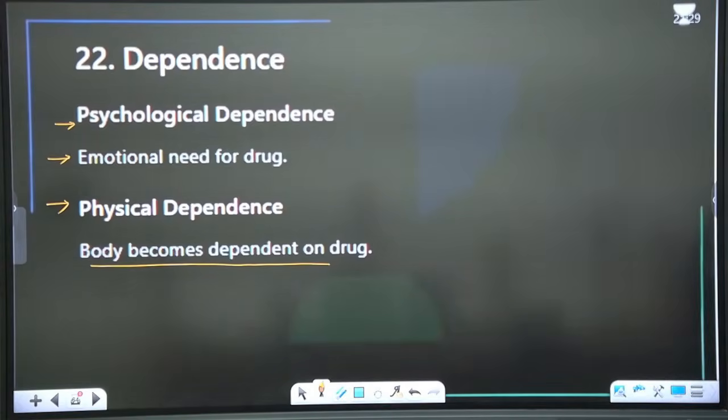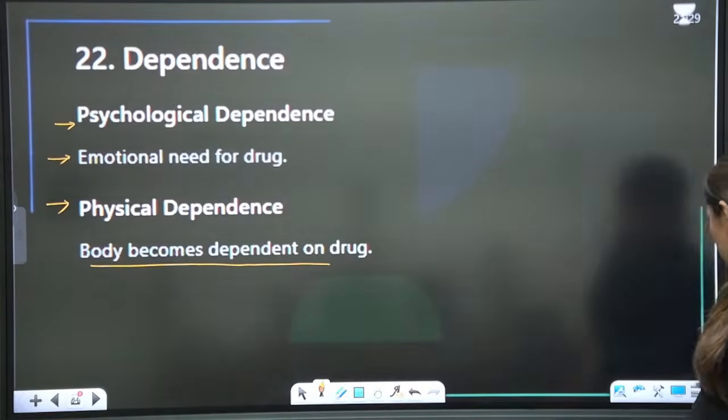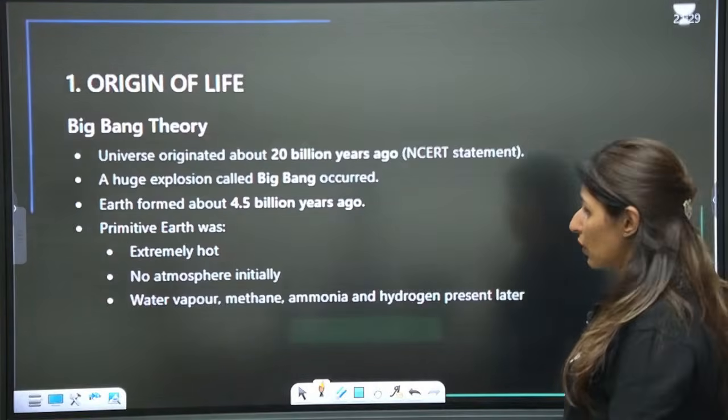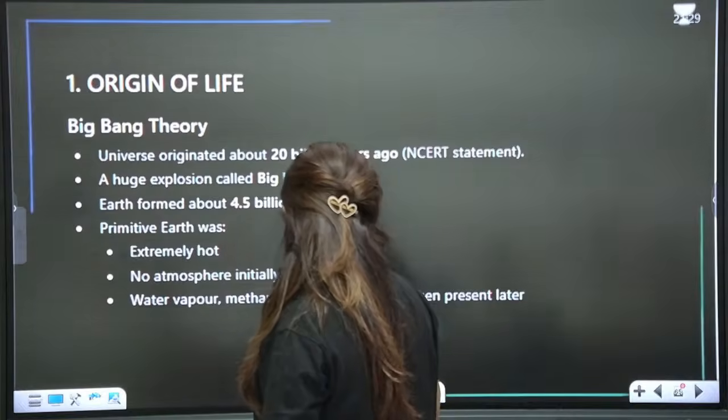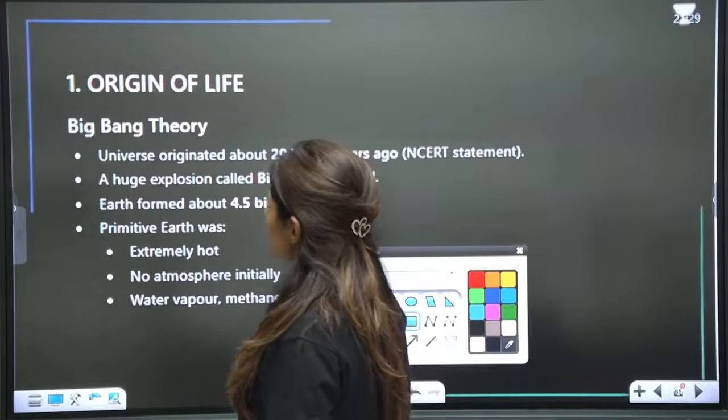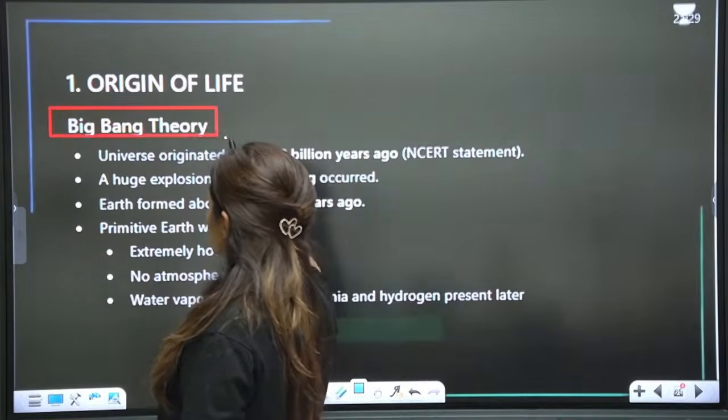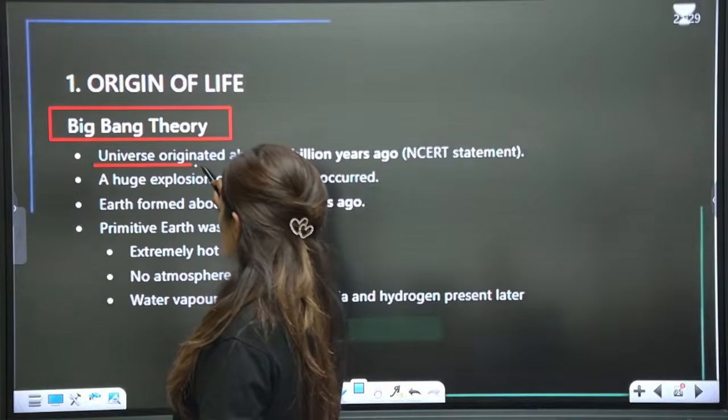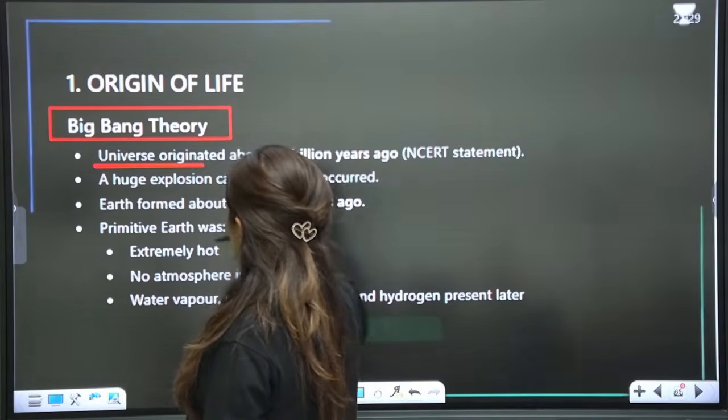And now guys, we are going to start with the third chapter, which is evolution. Let's have a quick revision of evolution here. So talking about the origin of the universe, this origin is explained by the Big Bang theory.